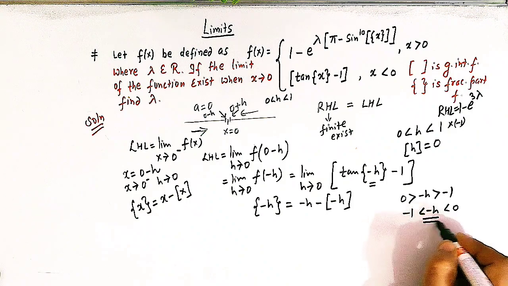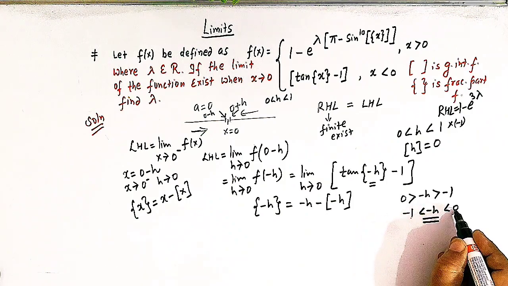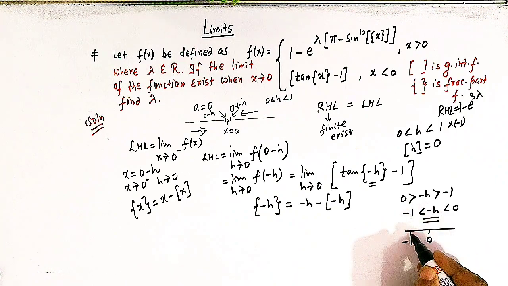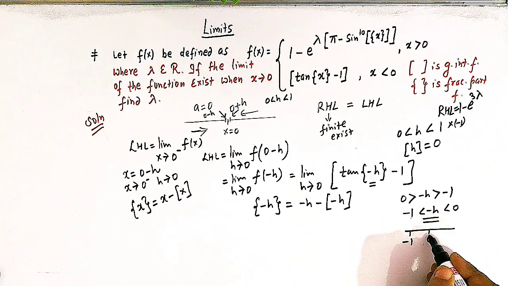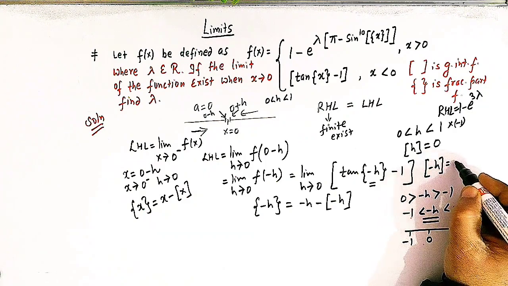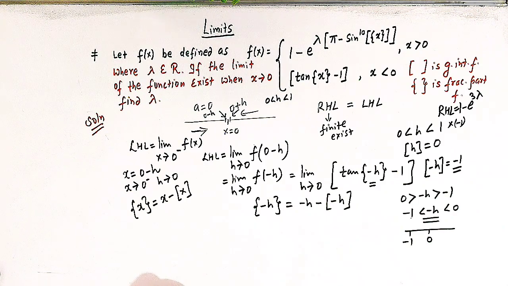So this inequality indicates that minus h lies between minus 1 and 0. So here we have 0, here we have minus 1, and minus h lies somewhere between minus 1 and 0. So the greatest integer of minus h should be equal to minus 1 by the definition of the greatest integer function, right?